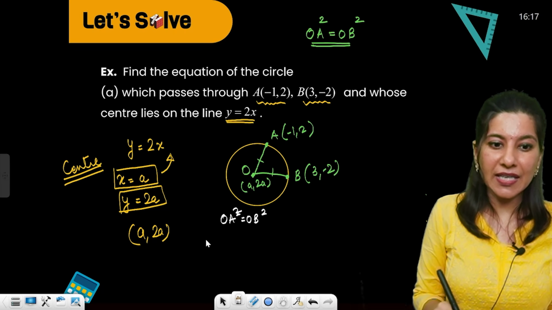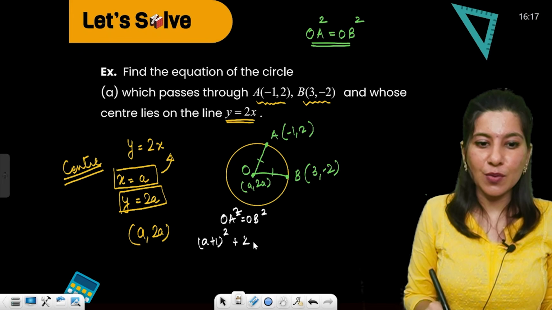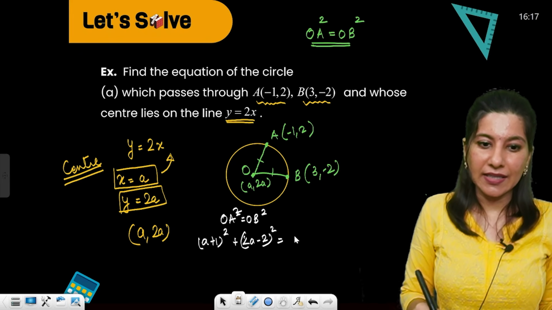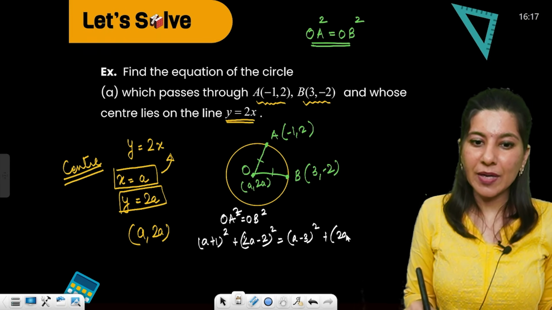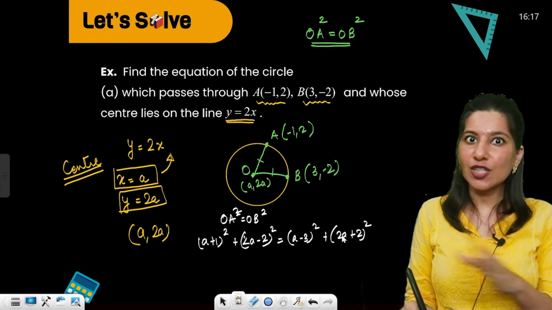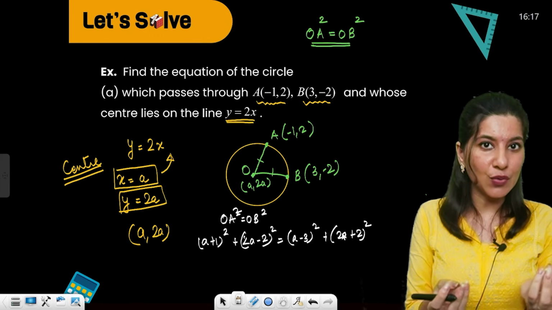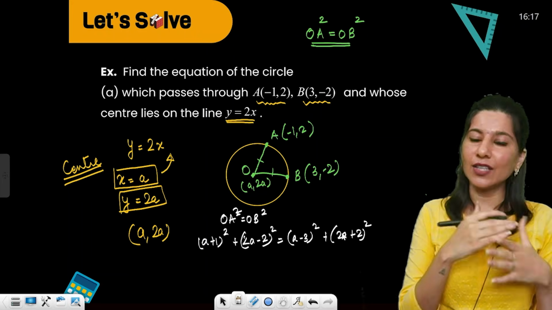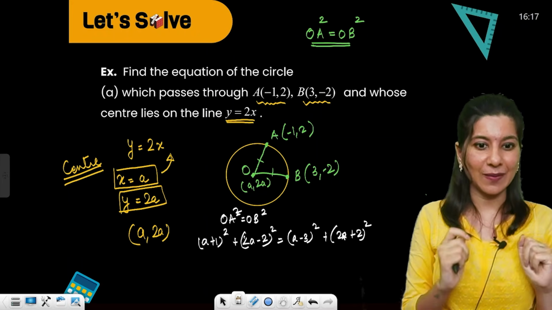So that is going to be (a plus 1) whole square plus (2a minus 2) whole square is equal to (a minus 3) whole square plus (2a plus 2) whole square. Now just expand it and get the value of a. Once you have that value of a, you have the center. Once you have the center, you can calculate the radius and eventually the equation of the circle, right?